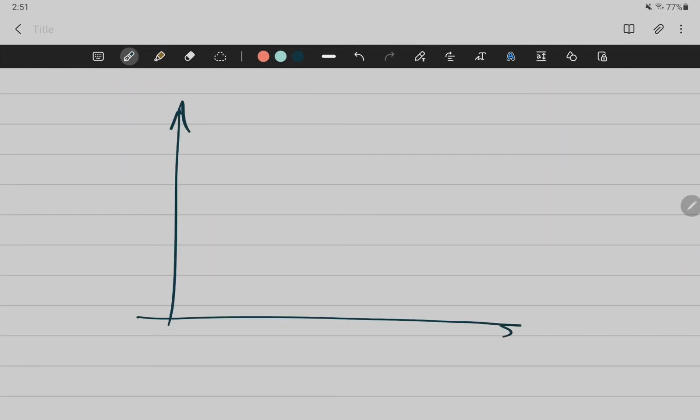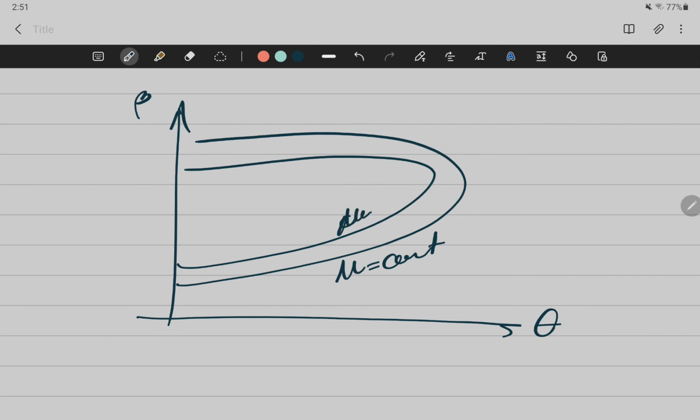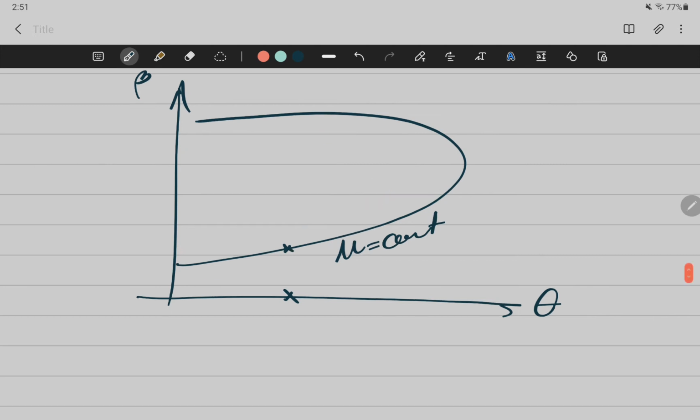Actually, so beta, theta, this is going to look like this. Let's say this is Mach, whatever value of Mach, this is Mach constant. These are constant Mach lines, right? So for each value of theta and a constant Mach number, you're going to have two betas.